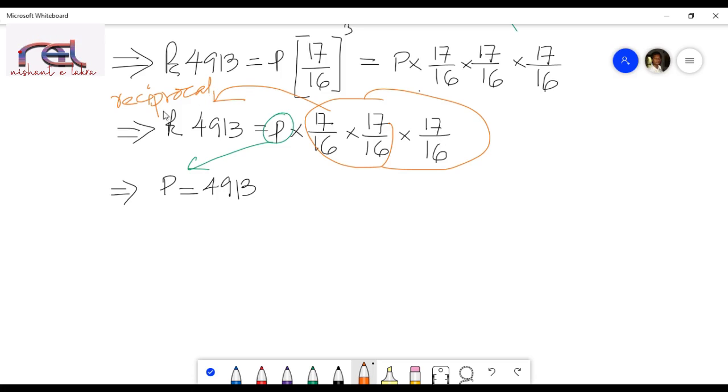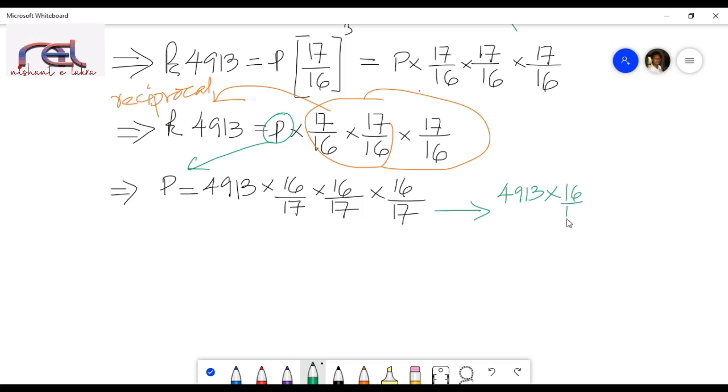This is in the form of fraction, so when we move this multiplication to the other side of the equal sign, all these fractions will reciprocal, like you can see on your screen. 17 by 16 changes to 16 by 17 when it is moved to the other side of the equal sign.